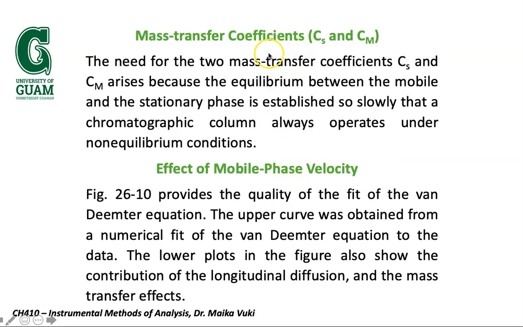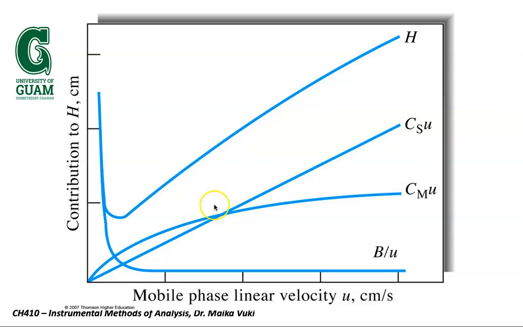Now these two, the mass transfer coefficients in the mobile and stationary phase, are very similar. Here it deals with the distribution constants and how they interact with the stationary phase. So these effects on the mobile phase velocity figure, in the next figure you will see how these three terms influence it.